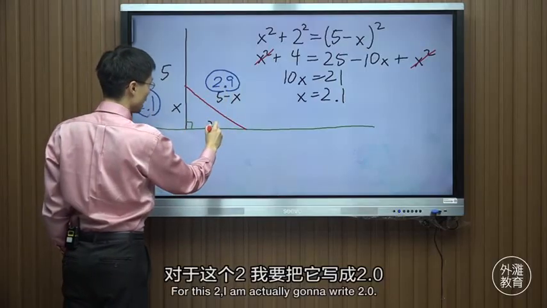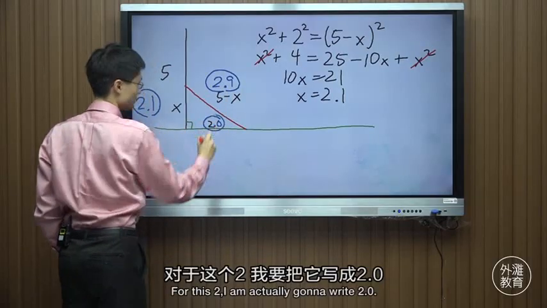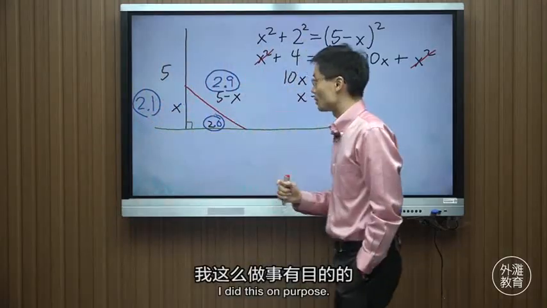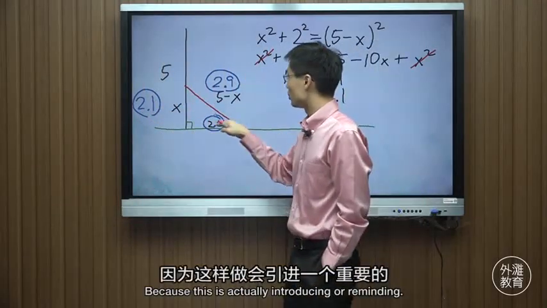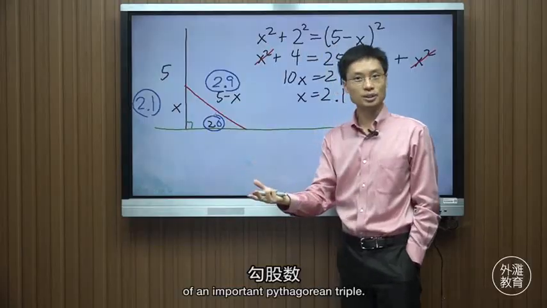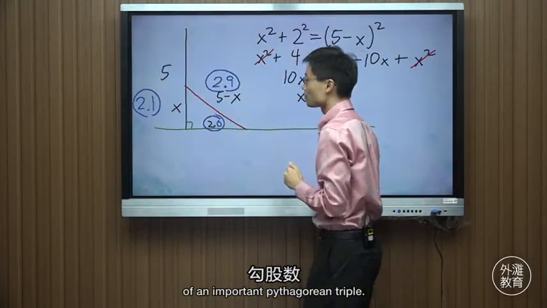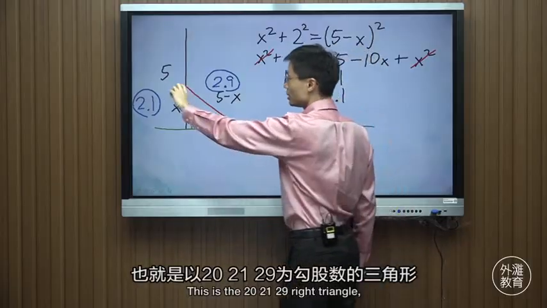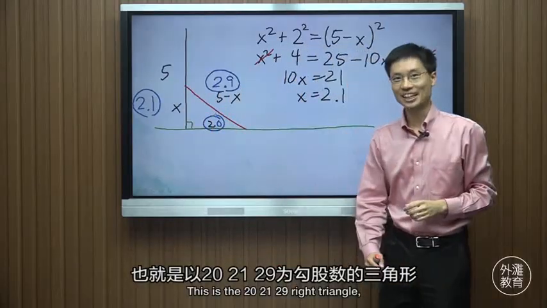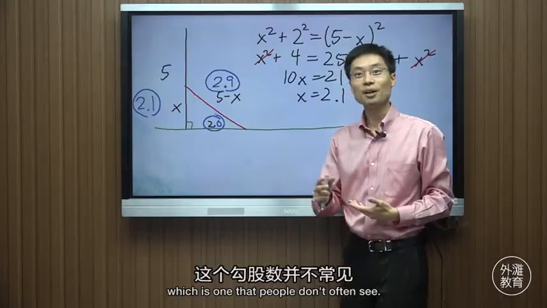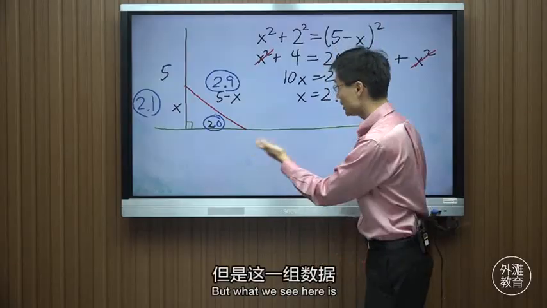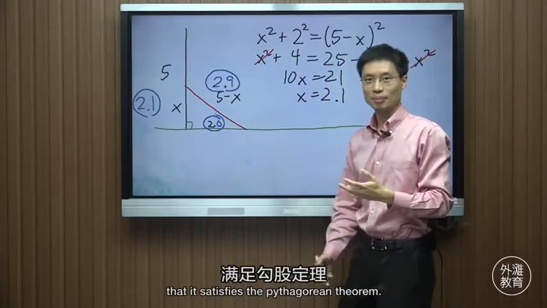For this 2, I'm actually going to write it as 2.0. I did this on purpose because this is reminding us of, or introducing, an important Pythagorean triple. This is the 20, 21, 29 right triangle, which is one that people don't often see. But we see here that it satisfies the Pythagorean theorem.